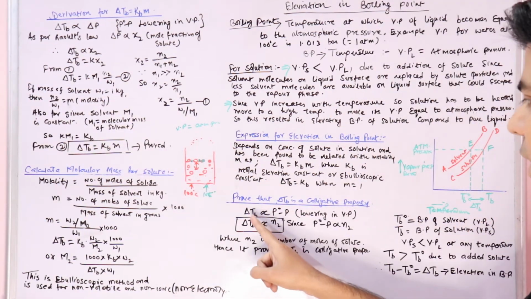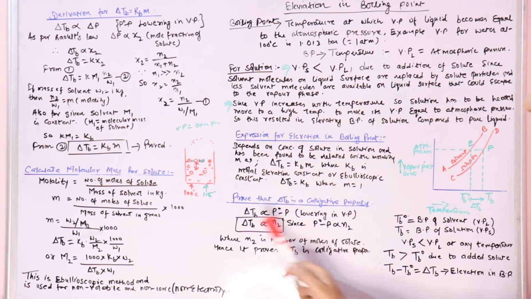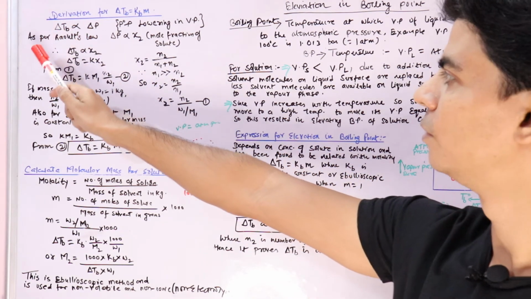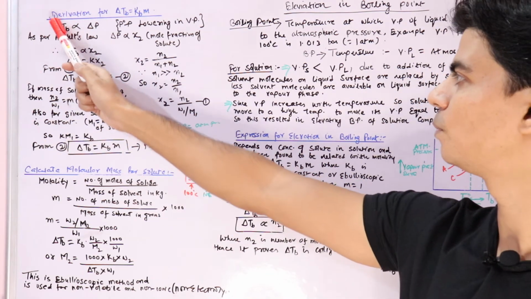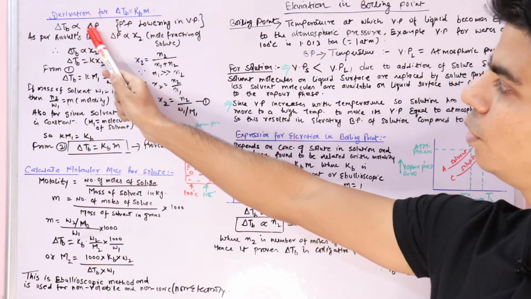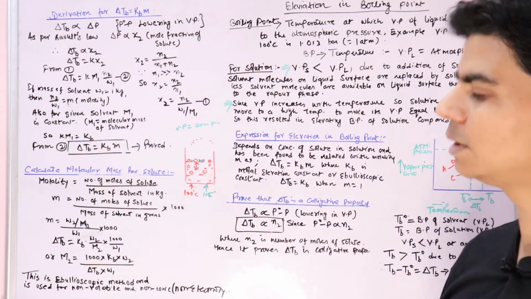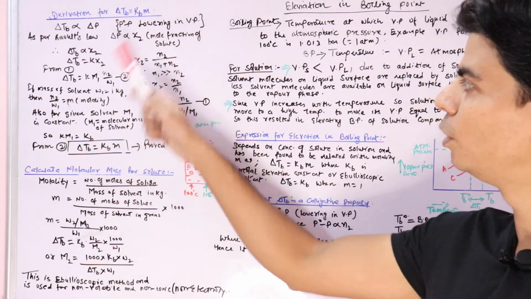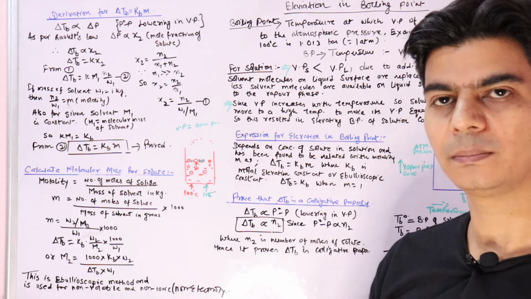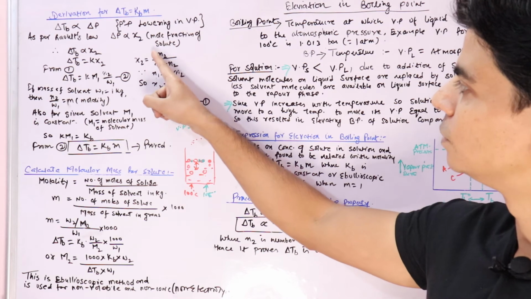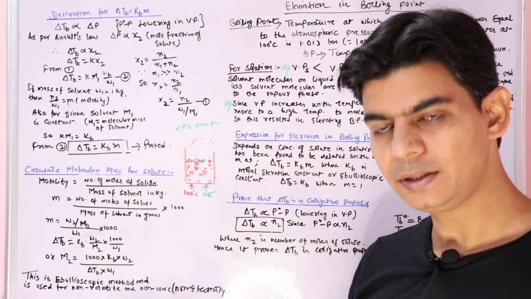From here we know that elevation in boiling point is directly proportional to the lowering in vapor pressure, right? We use this from Raoult's law. And as per Raoult's law, lowering in vapor pressure is directly proportional to the mole fraction of solute. Mole fraction is the ratio of the number of moles of solute to the total number of moles in solution.